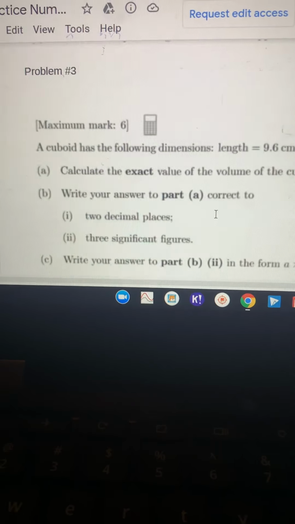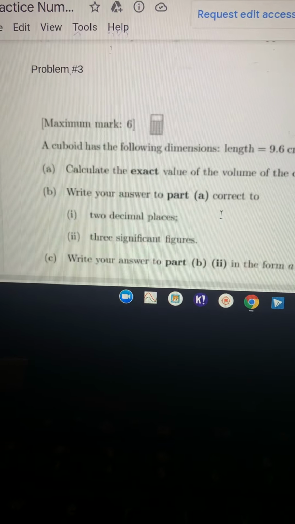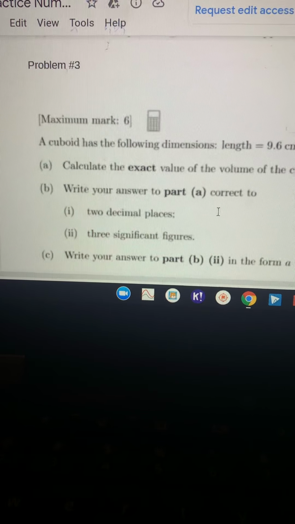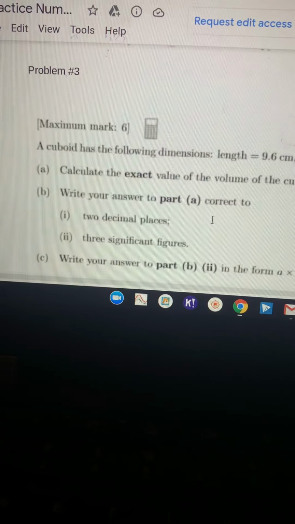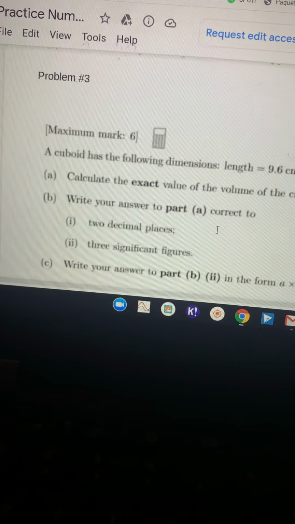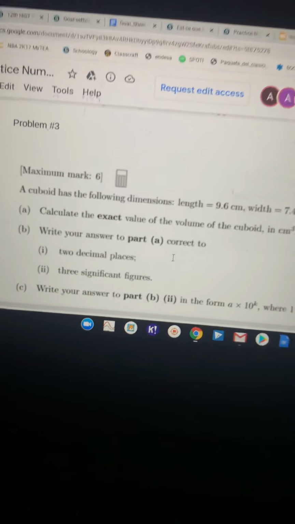Second, it asks that for the previous answer in part A, I calculate and round the answer to 2 decimal places and then to 3 significant figures. So first, rounding it to 2 decimal places, remember we got 369.408, and here it has 3 decimal places.